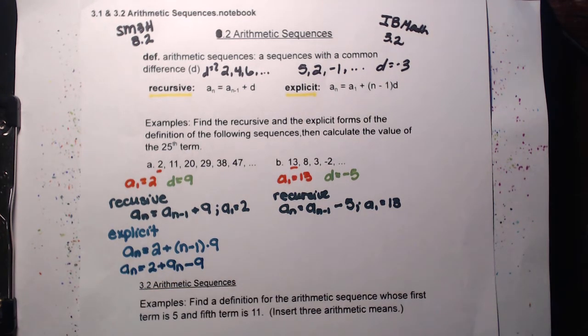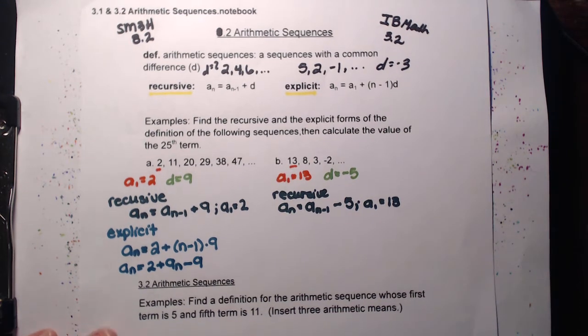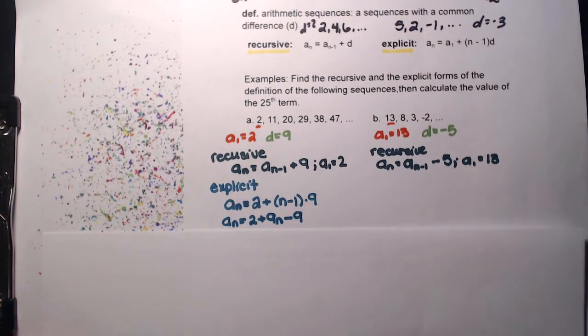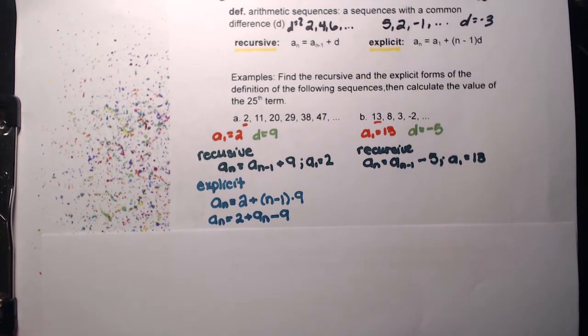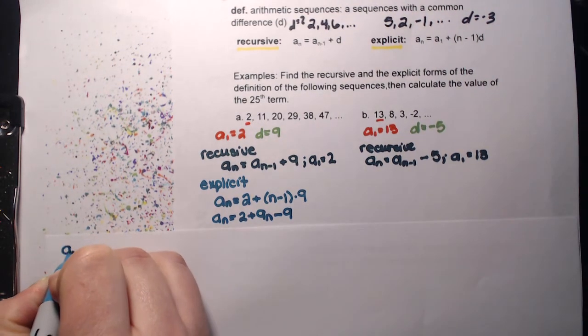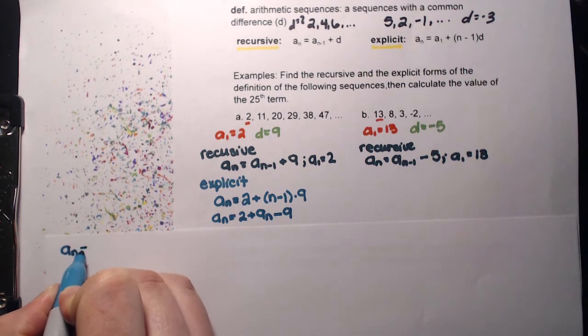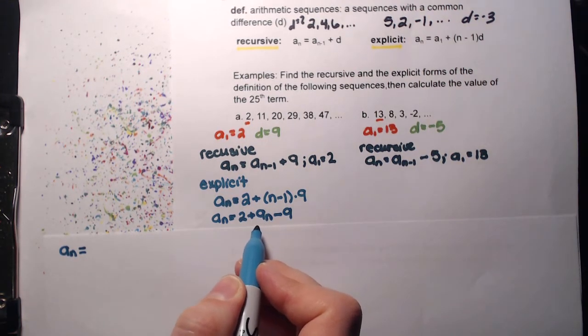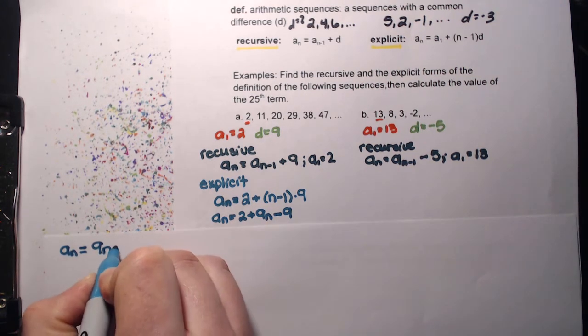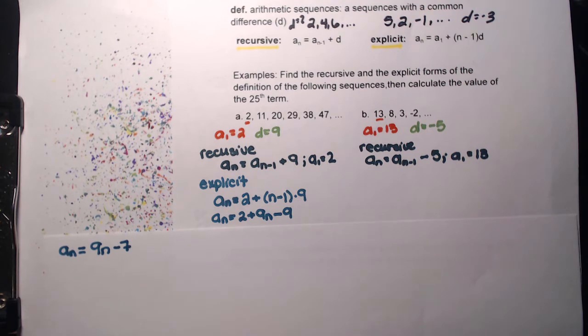And I'm going to run out of paper or space. It's going to run into the next piece. So I'm going to write it over here so it doesn't bleed through. So then the explicit piece is, it's kind of good practice to write the n term first, so 9n minus 7. Okay, so that's the explicit piece for that one.